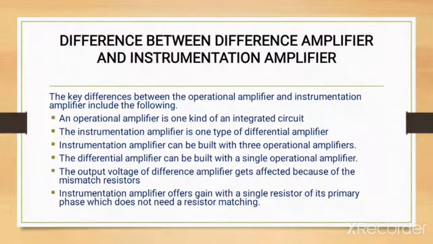But the instrumentation amplifier has the property of amplifying and allowing very low, weak signals too. So in medical fields and many other fields where you want to amplify weak signals, that is the main advantage of the instrumentation amplifier compared to the differential amplifier.